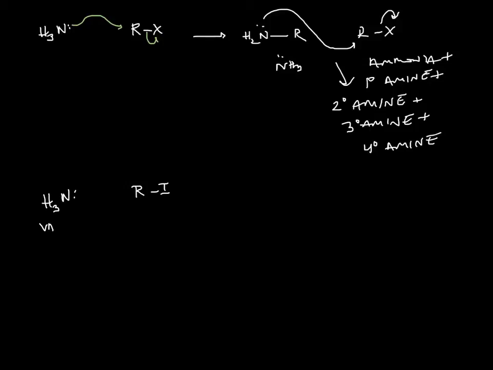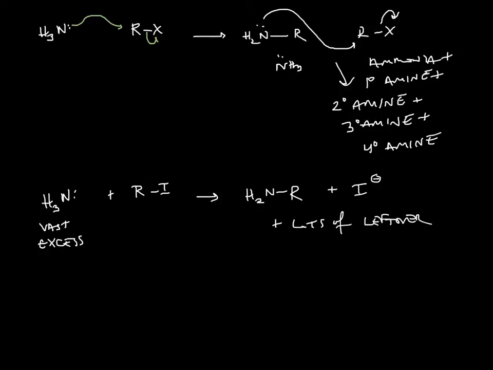If you use a vast excess of ammonia and react it with your alkyl halide, you tend to get primary amine, and then you end up with lots of leftover amine or ammonia.